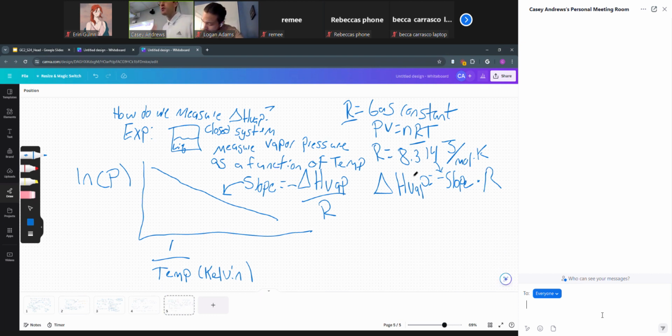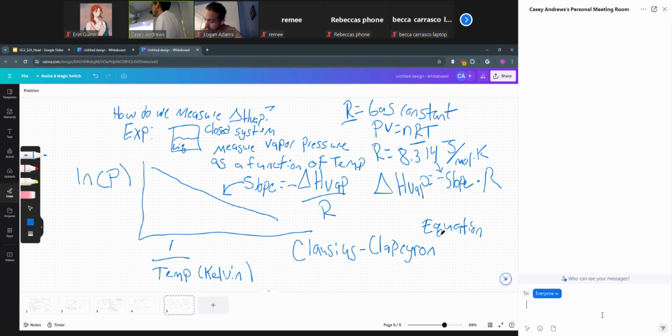But you do need to know, by the way, this is called the Clausius-Clapeyron equation. I'm probably pronouncing his name wrong. You do need to know how to analyze this type of plot.